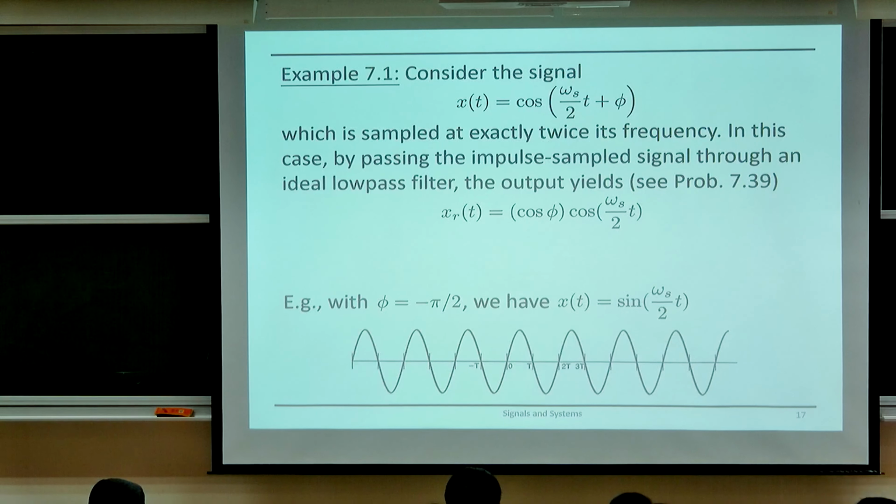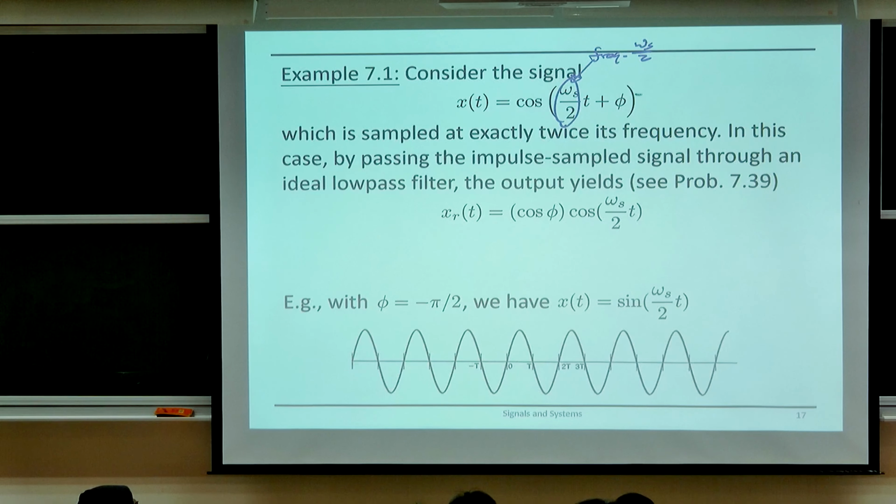Suppose you consider a signal x of t equal to cosine of omega s over 2 t plus phi. So this signal has frequency omega s over 2.